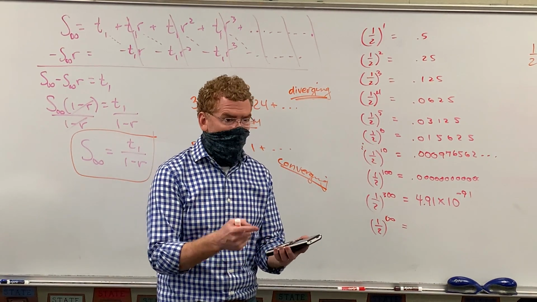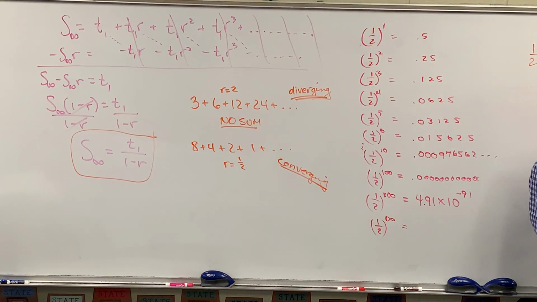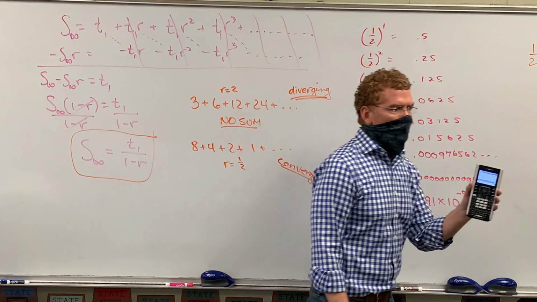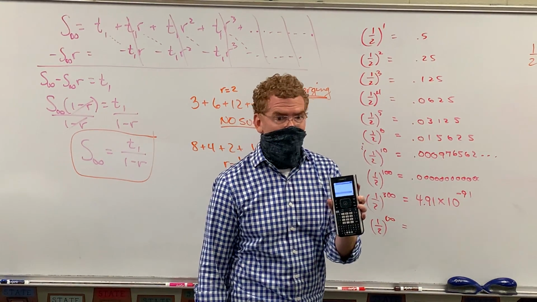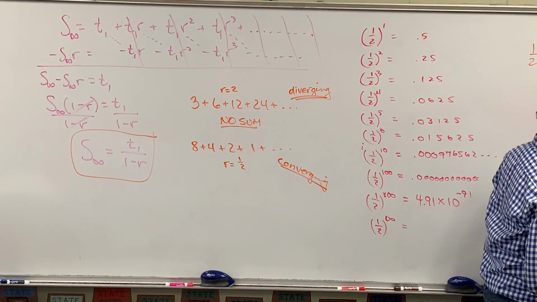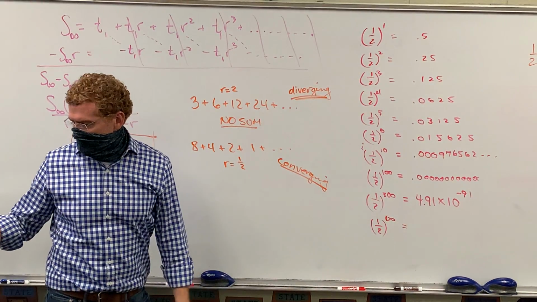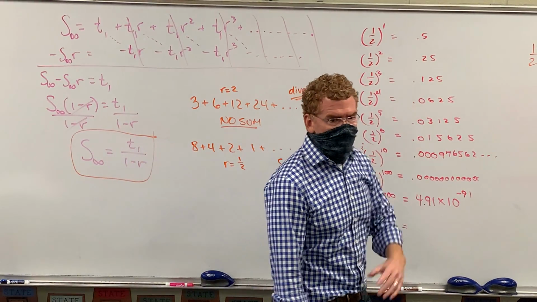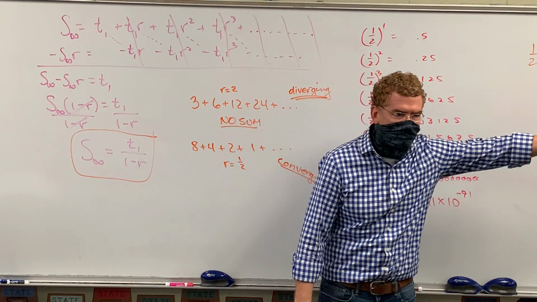I could probably graph this out to a value of 99 and get something in scientific notation, but the bottom line is it's really close to 1. If I only went out to the 99th place, I would use that different formula. This one spits out 1 because it rounds, but it wouldn't be. It would really be 0.9999999999999 way out, and then the numbers would start changing at the end.